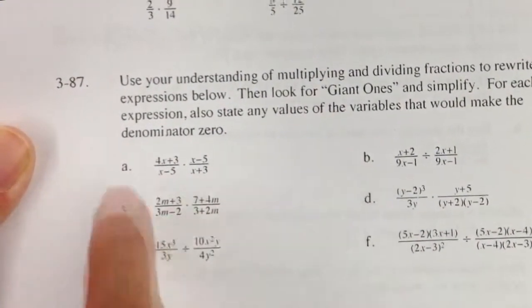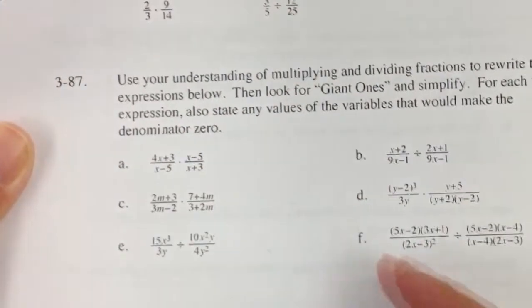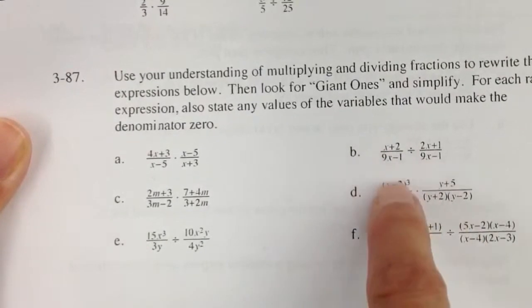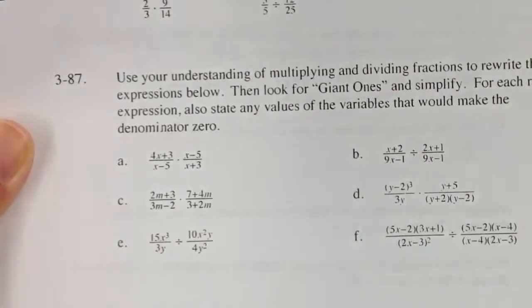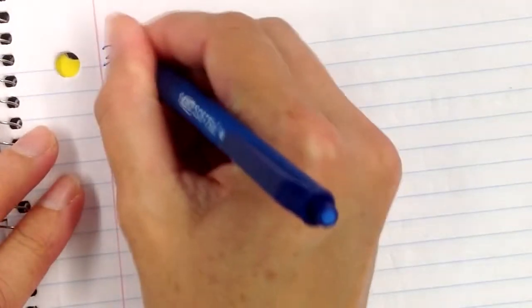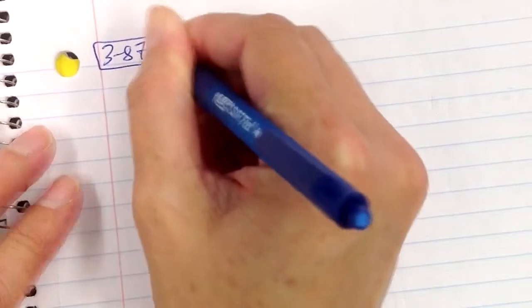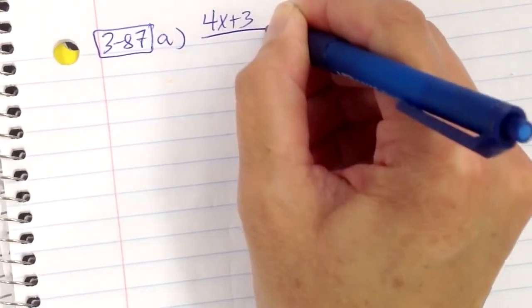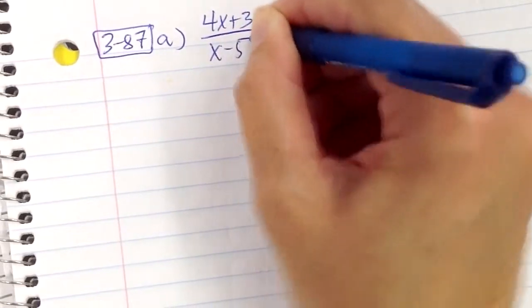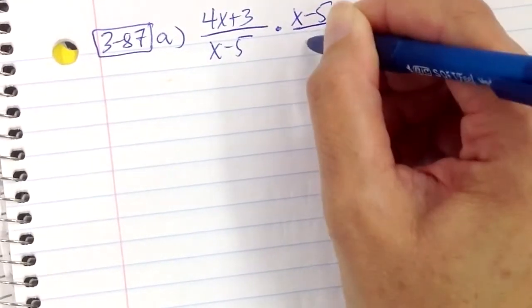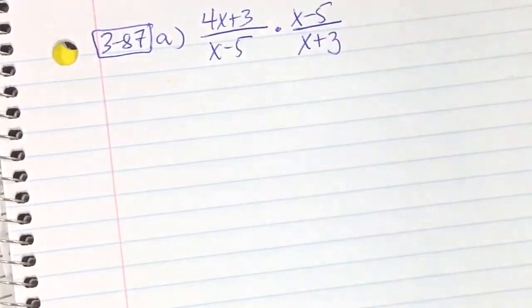We're going to look for things that we can cross-reduce, and then we're also going to do division ones, and we're going to flip it over. We're going to change it to multiplication and flip it over and just do the same thing, but just with x's, okay? So let's look at 87 here. 3-87a says 4x plus 3 over x minus 5 times x minus 5 over x plus 3.